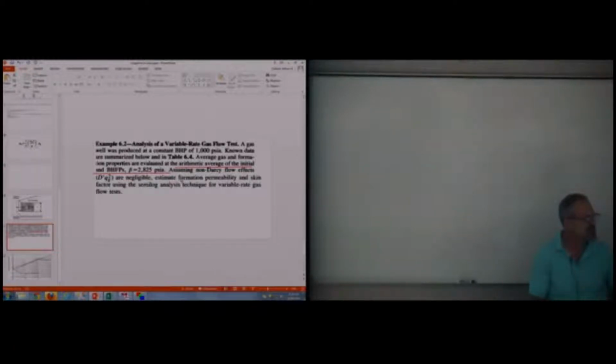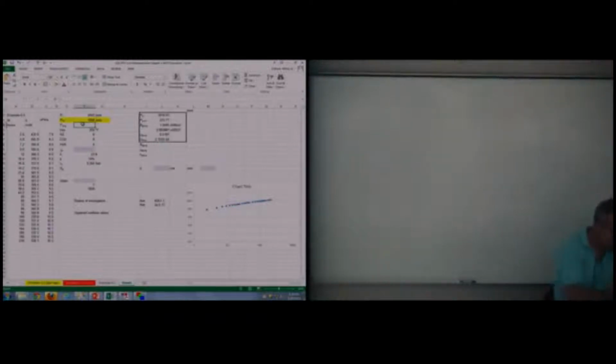You add them up, divide by 2 and get 2825. So that's the pressure I'm going to calculate my B sub G at.